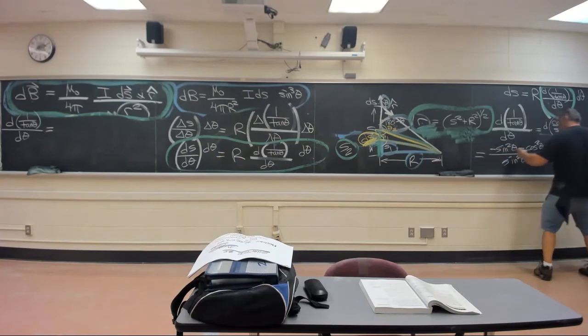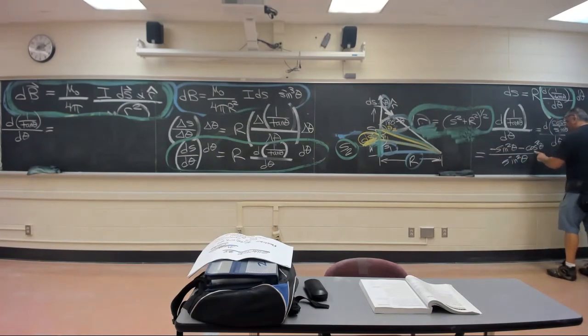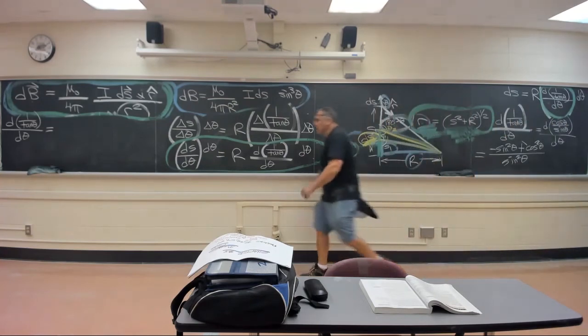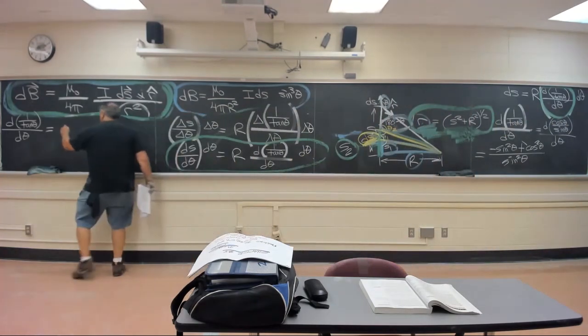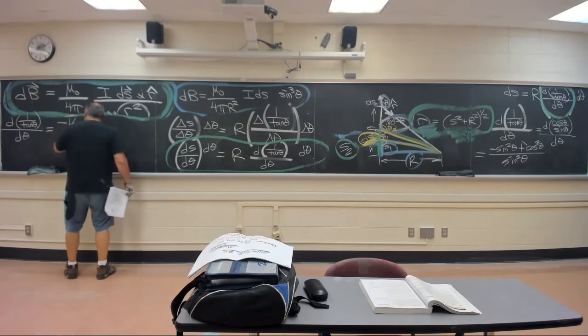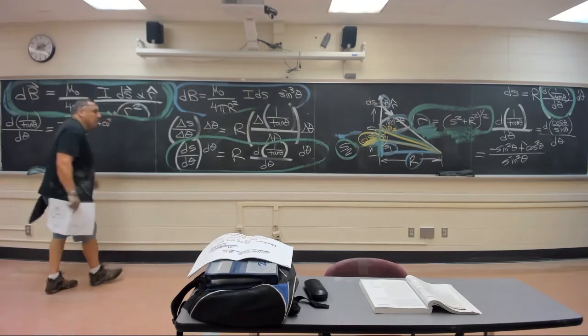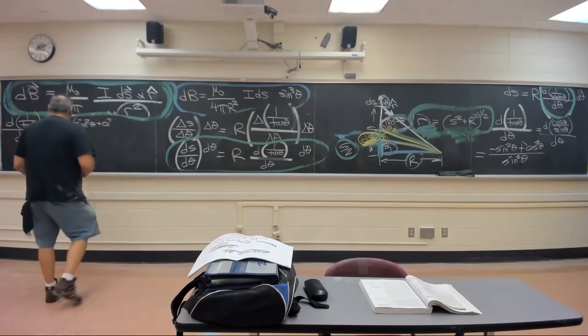There's a negative here, and this minus cosine squared theta is a negative cosine squared theta. Wait a minute. There's a negative 1 right here, and there's a negative 1 right here. Why don't you pull the negative 1 out of there?